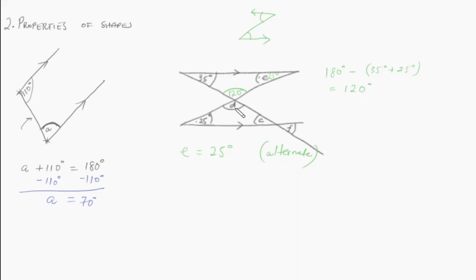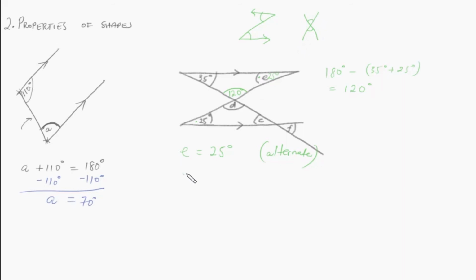And luckily, the angle D and 120 degrees are equal. They are called vertically opposite angles, X angles, if you don't mind. This angle and this angle are vertically opposite and are equal.